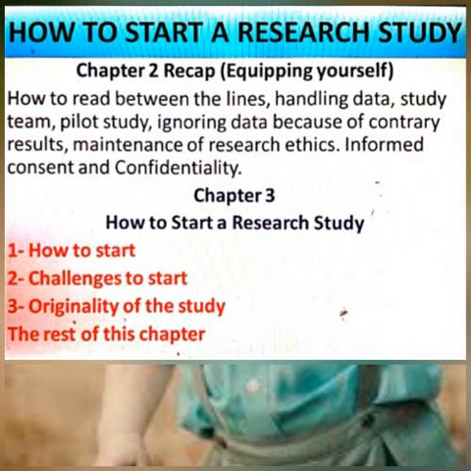In this chapter, we discussed in our previous videos how to read between the lines, how to handle the data, how to make the study team and the pilot study, how to synchronize the different results which we can have during a qualitative study, then maintaining the research ethics, how to do the informed consent, and how to establish confidentiality. So these were the topics of chapter number 2, and that is over.